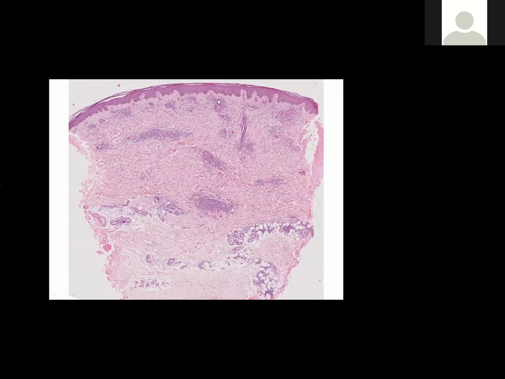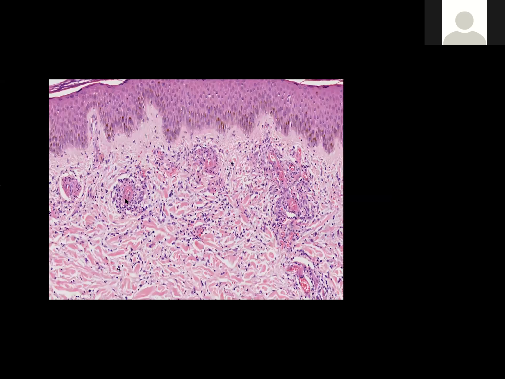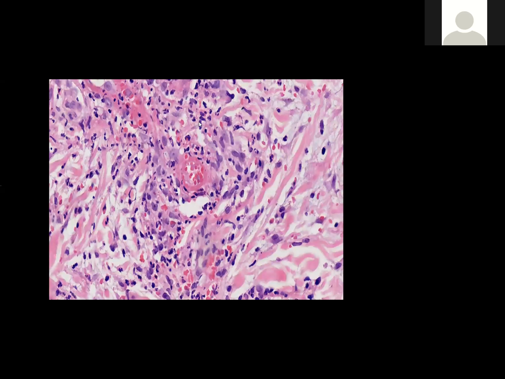Now, if one sees an angiocentric infiltrate around the blood vessels, located either in the superficial dermis or in the superficial and deep dermis, a dense infiltrate, and one can appreciate fibrinoid necrosis of the vessel wall, with the infiltrate around it composed of neutrophils, karyorectic debris, and RBC extravasation, then one is sure that one is dealing with vasculitic ulcers.